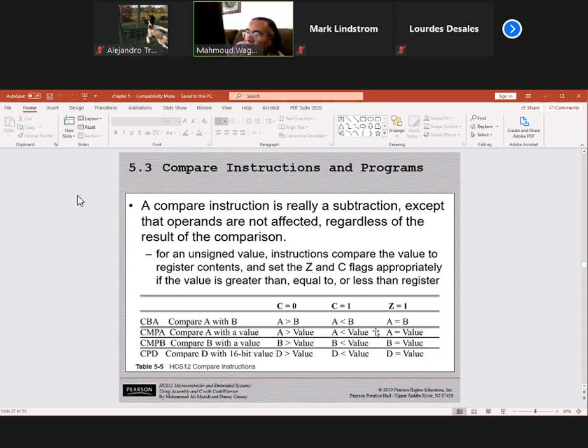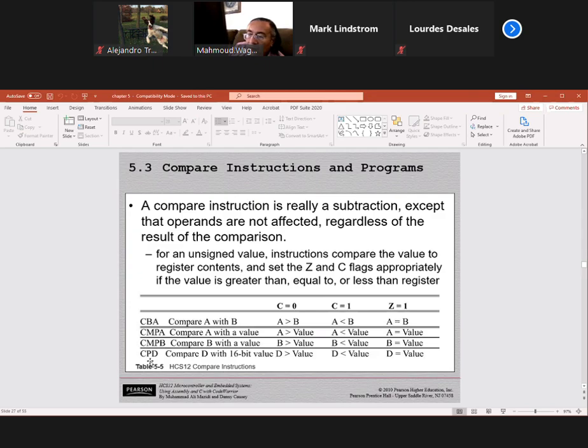So everything is the same here, like the first line. Compare B with a value. Same thing. Compare D with 16 bits. They all behave the same way, as far as these three lines are kind of similar.